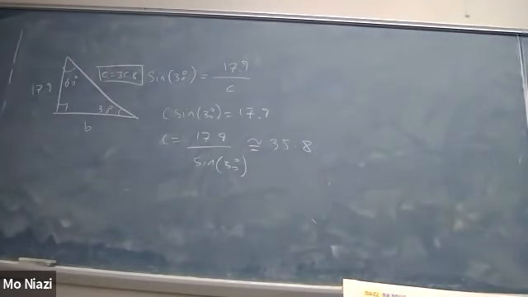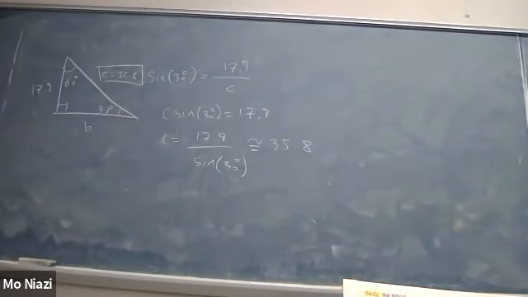And then we could solve for little c by multiplying both sides by little c. And then you divide both sides by sine 32. This is approximately 45.29. Okay, found little c.